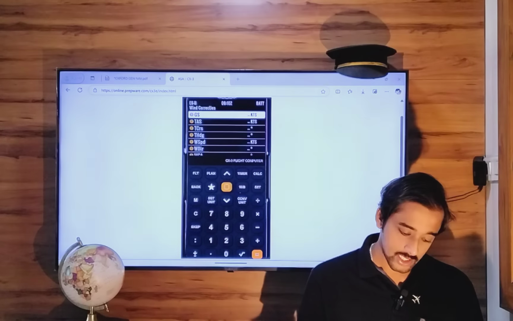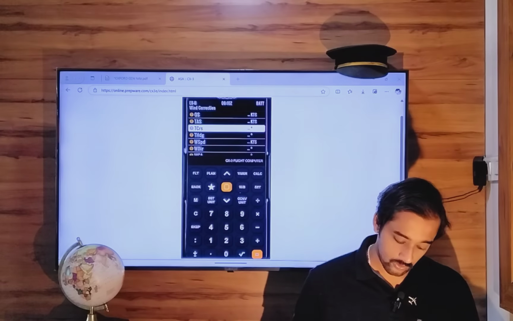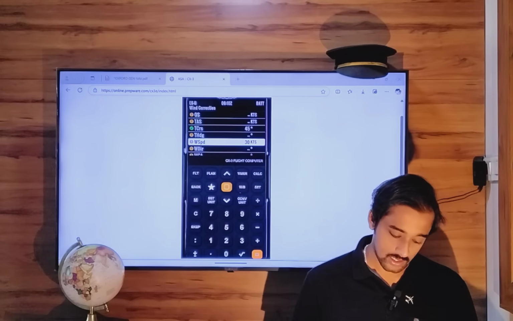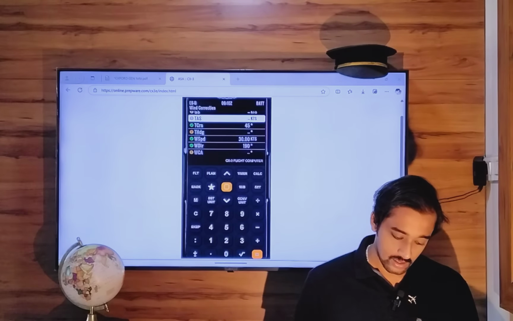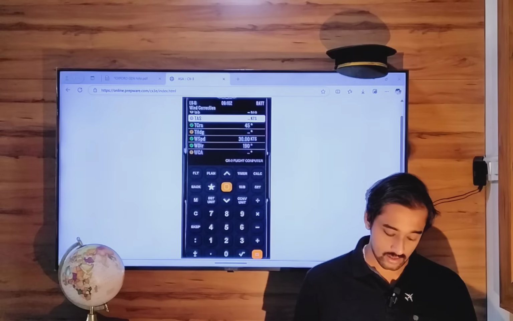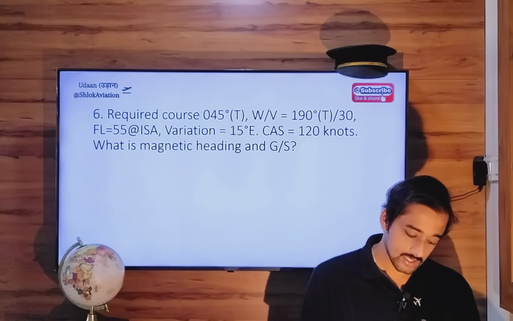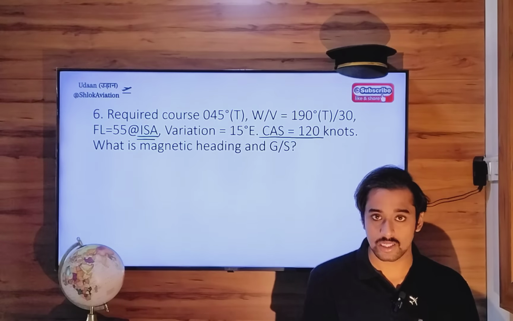Wind correction. Substitute the values. So true course is 045, so put 45. Wind speed is 30 knots. Wind direction is 190. And true airspeed. Now what will true airspeed be? It's given here that ISA conditions exist, so your calibrated airspeed will be equal to your true airspeed.